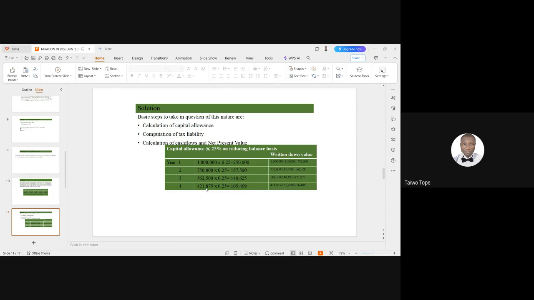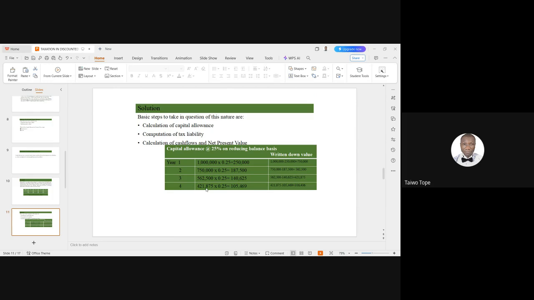Now, the written down value will be 1 million minus 250,000, which is 750,000. That 750,000 will be the value of your asset as at year two, having deducted the capital allowance from 1 million. So 750,000 in relation to 0.25 will give you the capital allowance in year two, which will be 187,500. Take note, we are using the reducing balance method.